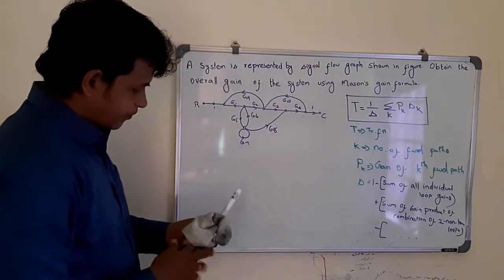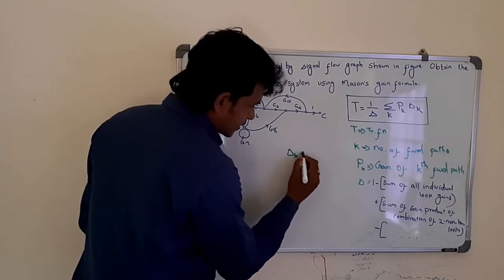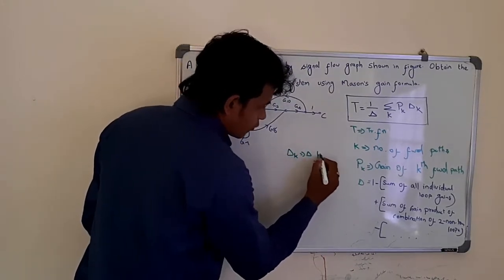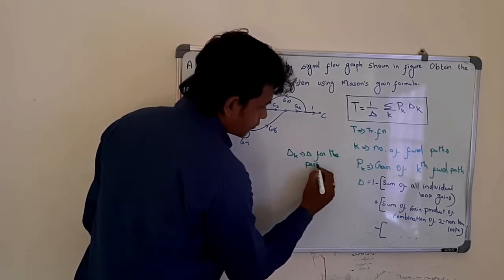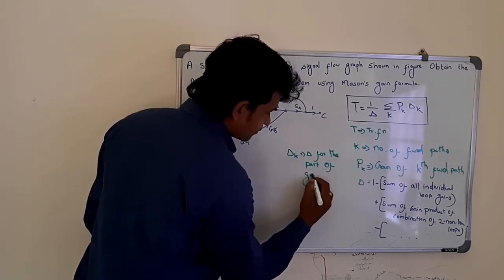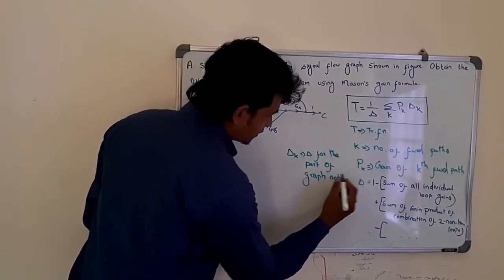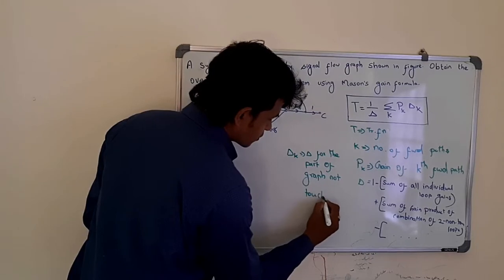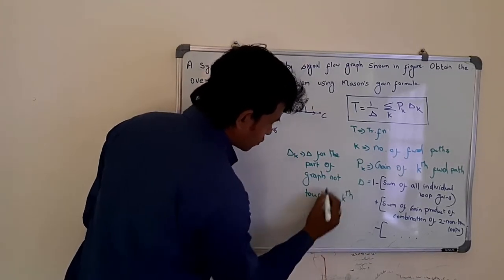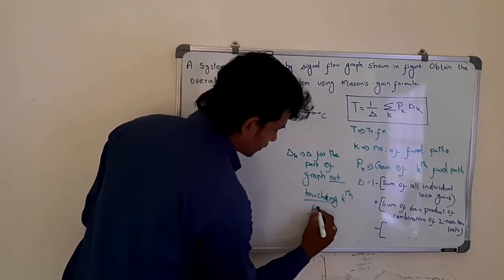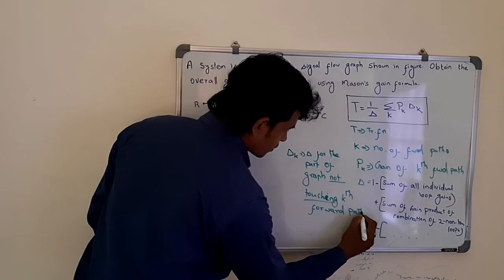Now del K. It is equivalent to del for the part of the graph, the signal flow graph, not touching the kth forward path. This is important.